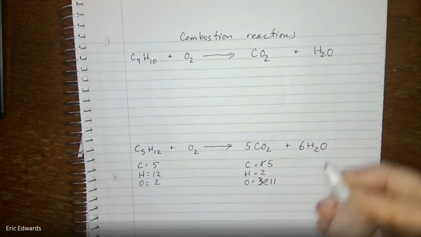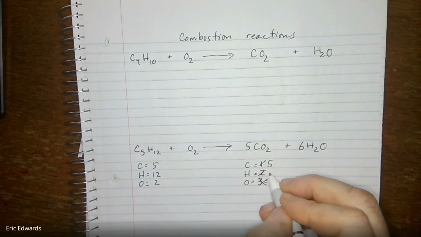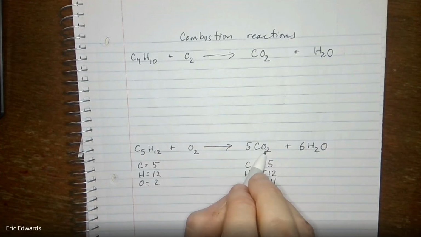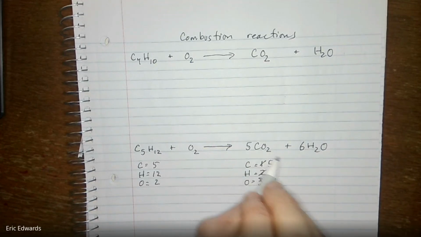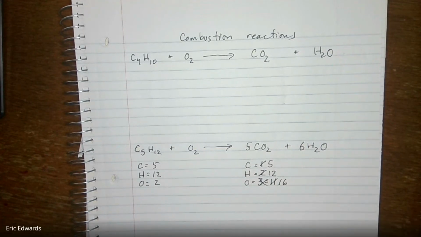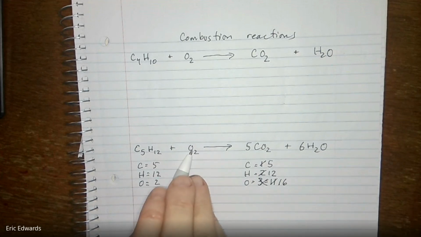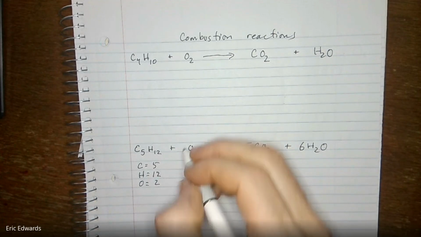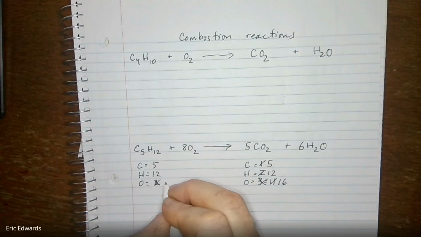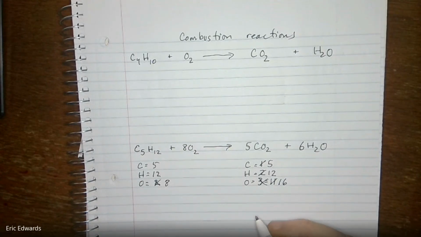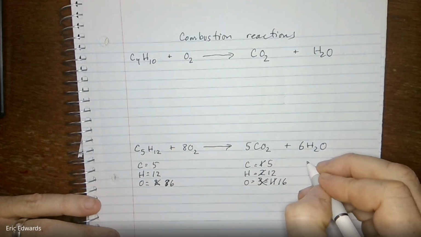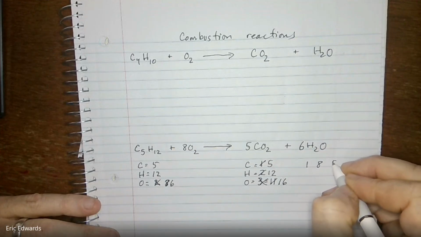If I put a 6 in front of that, I now have 12 hydrogens coming out, and I have 10, 5 times 2, plus 6, or 16 oxygens coming out. And since I've got O2 over here, all I have to do is put an 8 in front of that, and I've got 16 oxygens going in. Okay, so the answer to this one is 1, 8, 5, 6.